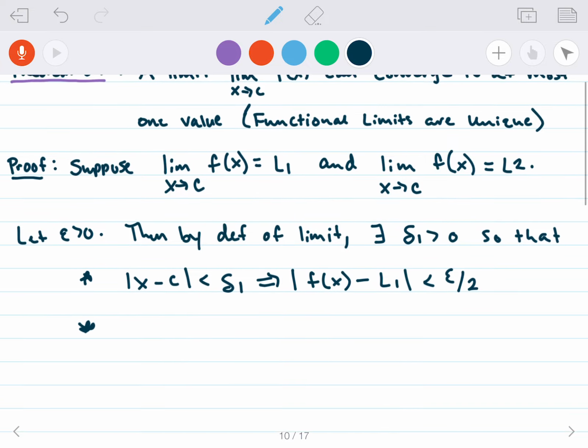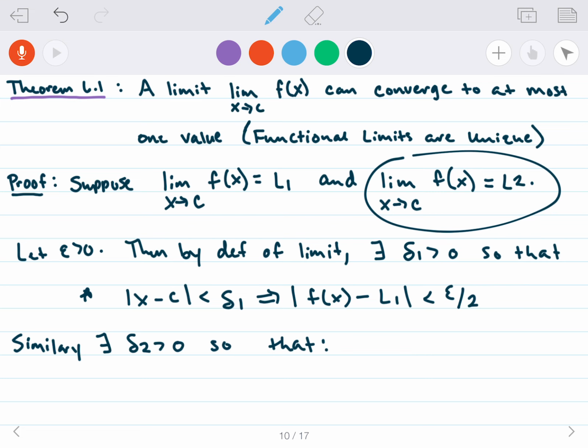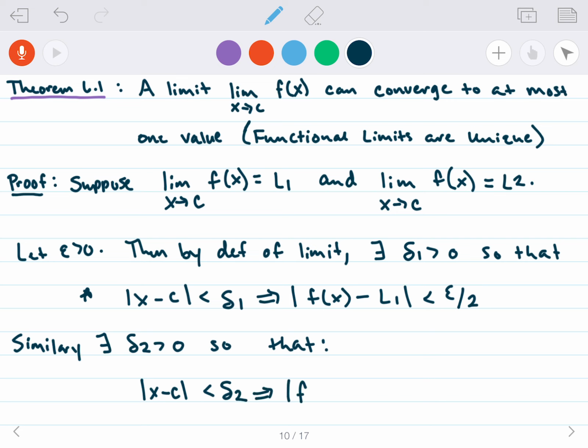Similarly, let me just write it out. So similarly, there exists delta 2 bigger than 0, so that now I'm using this piece. So that absolute x minus c less than delta 2 implies absolute f of x minus L2 is going to be less than epsilon over 2.